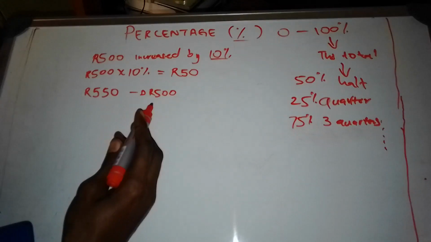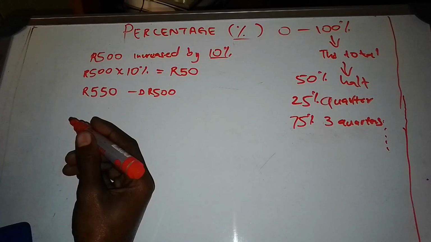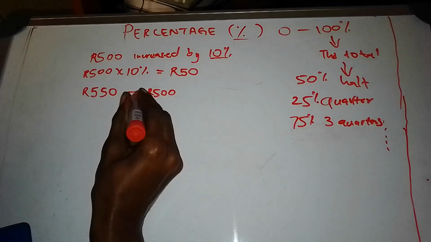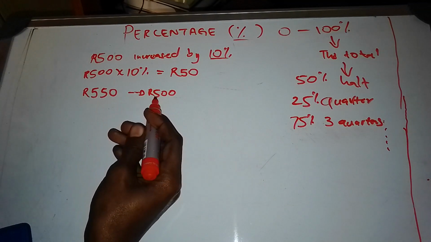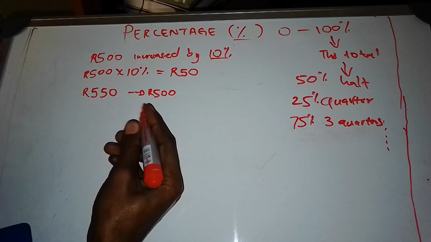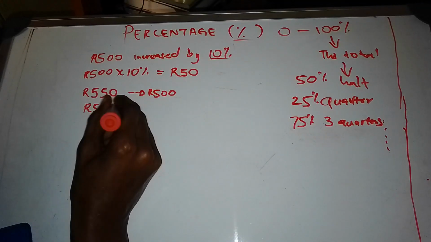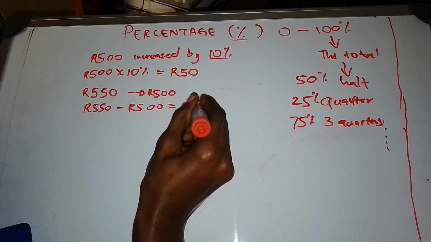They want to know how much is the increase. 550 for the current month was 500 in the previous month. How much is the increase, right? Firstly, you will work out the difference. 550 minus 500 gives you 50 rand.